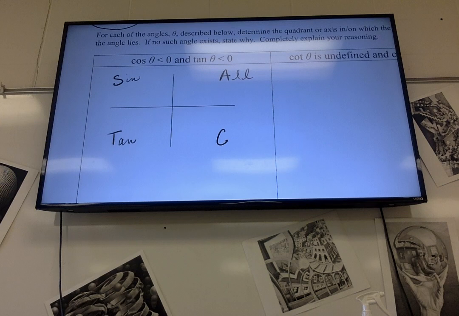Tangent. And what's its reciprocal? Cotangent, yeah. And then the C, that's cosine, and its reciprocal? Secant. Good. So this is telling you where they're positive. So this says cosine is negative. So cosine is negative in which quadrants?